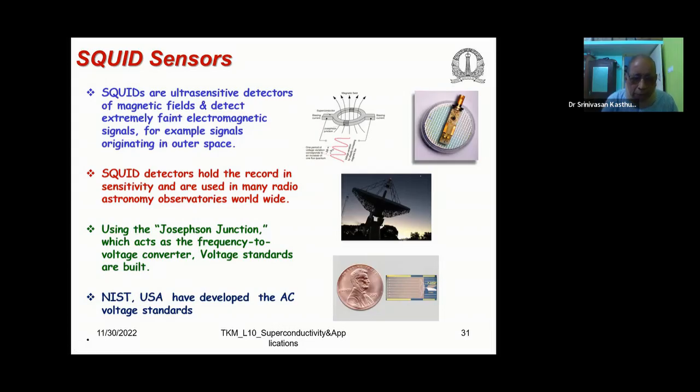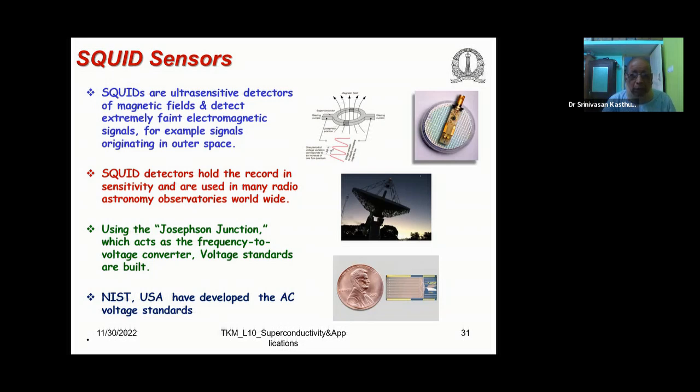If I apply an external magnetic field, then the screening current varies such that the same number of magnetic flux lines are trapped. And therefore, you are able to see the variations in the external magnetic field. For example, SQUID sensors are used for detection of defects in materials.